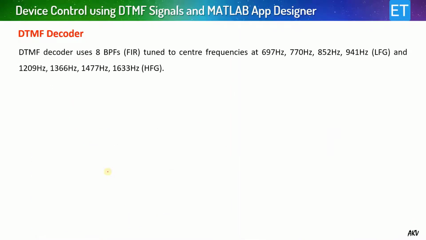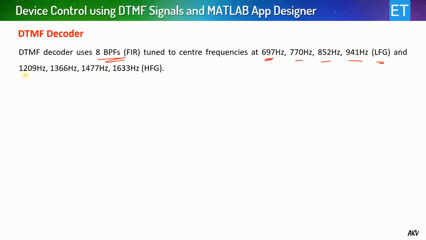And as I said, this DTMF decoder recognizes the input frequencies. It actually utilizes 8 bandpass filters, FIR filters. Their center frequencies are 697, 770, 852, and 941 hertz, I mean the low frequency group.